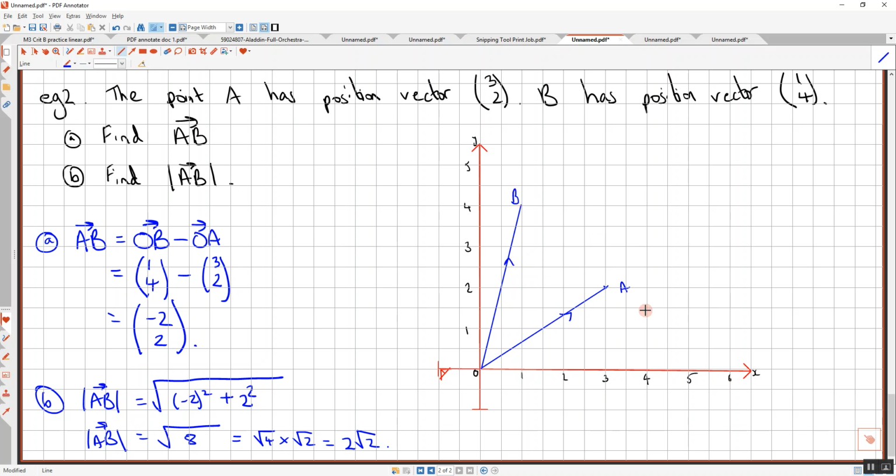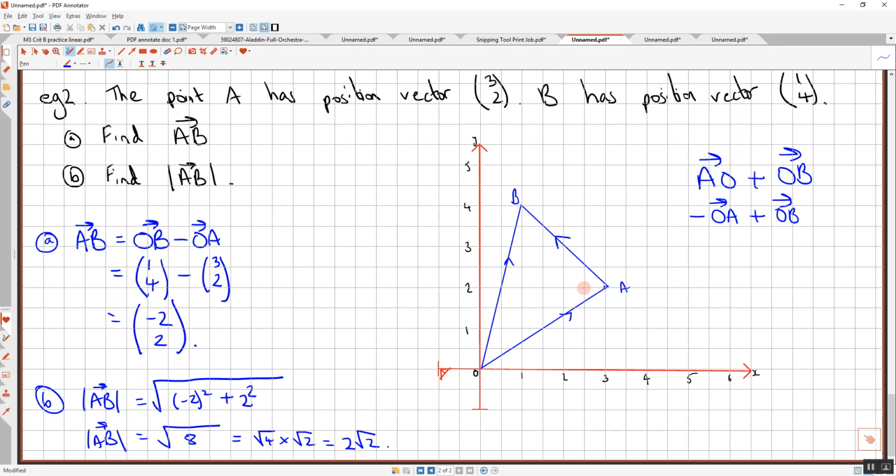I want the vector going from A to B. If I want to go from A to B, I need to go from A to O, and then I need to go from O to B. But remember, A to O is the same as negative O to A. Okay, it's just going in the opposite direction, which is why I subtracted these, okay?